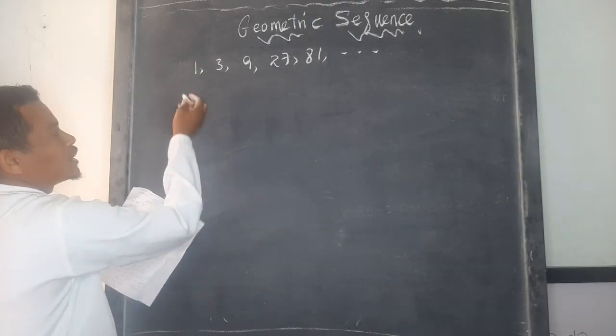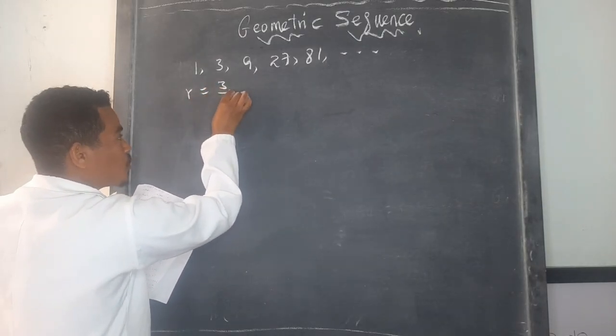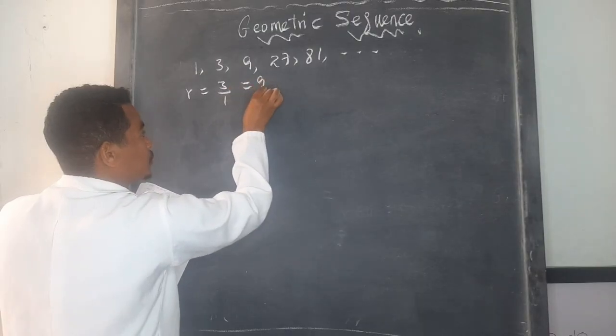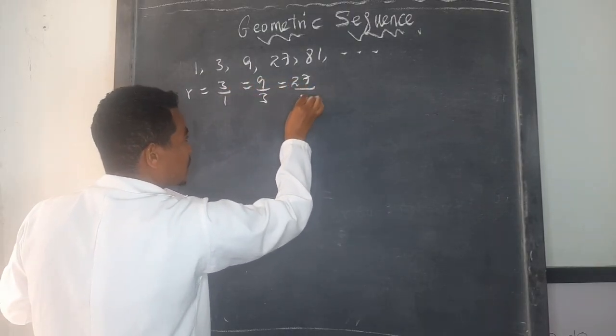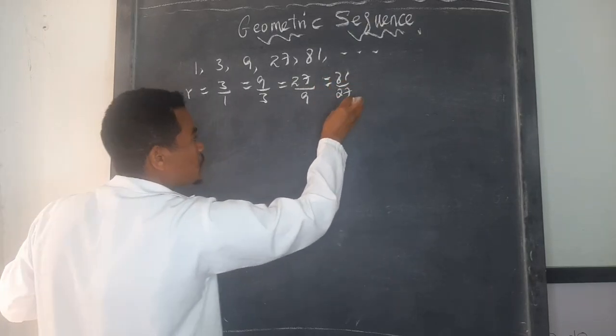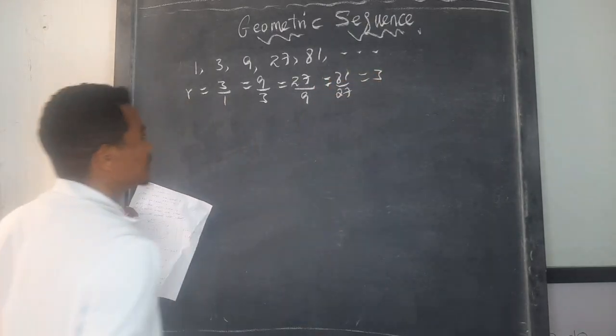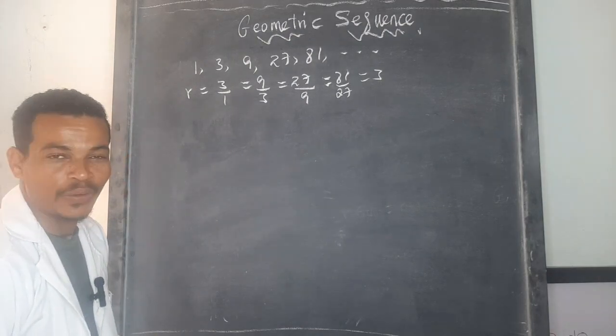So let's find the common ratio. R is equal to the second term over the first term, 3 over 1, which equals 9 over 3, which equals 27 over 9, which equals 81 over 27, which is 3. That means the sequence is a geometric sequence.